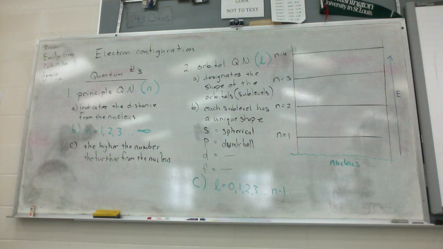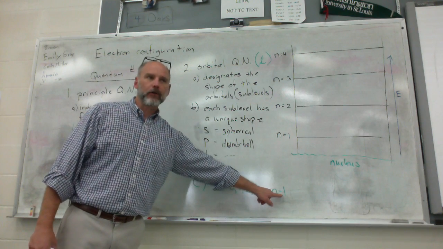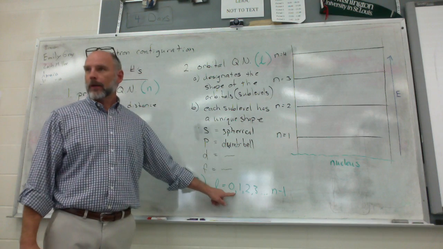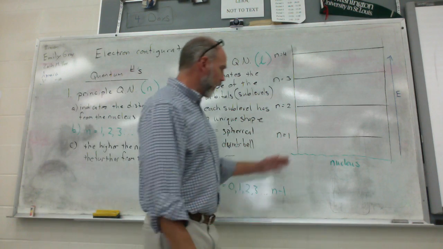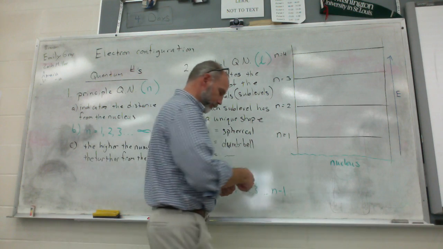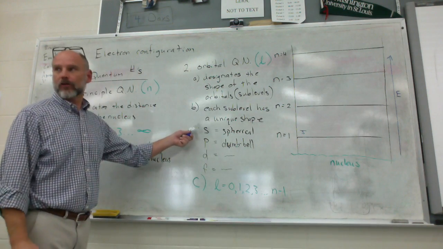They're inclusive, meaning if n equals 1, what is my only possible value for L? Well, n minus 1, which is 0. So what I'm trying to tell you is that at the first energy level, we're only allowed to have one sublevel. And that's going to be an S sublevel.